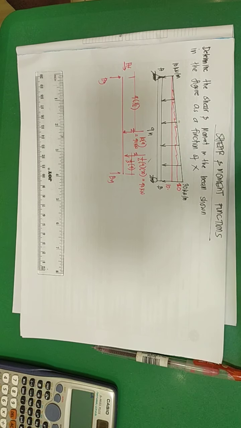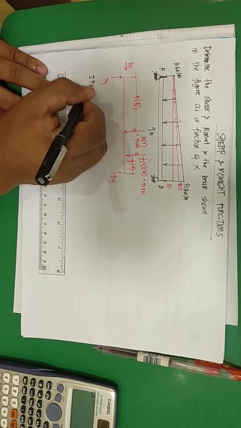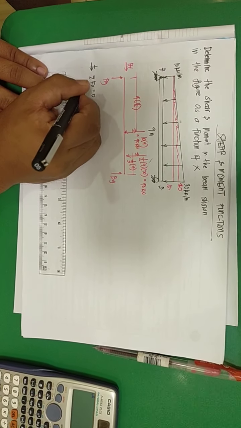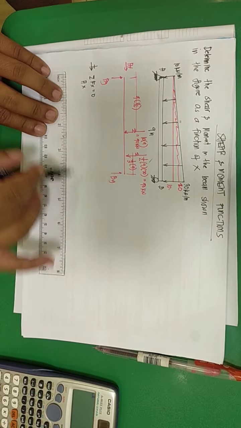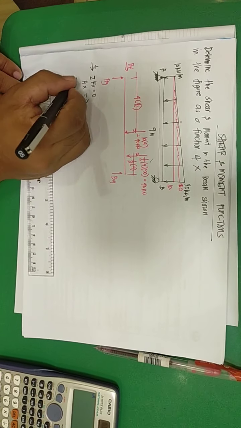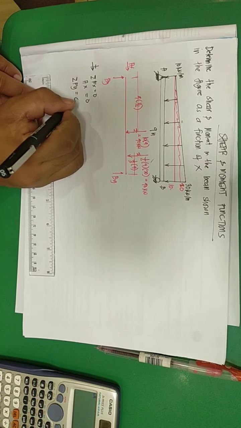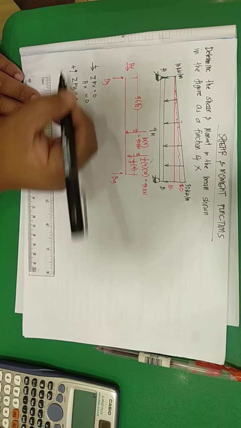We can now determine the values of AX, AY, and BY using the equilibrium equations. Summation of forces along X equals 0, plus AX. Are there any horizontal reactions here? None, so this is 0. Summation of forces along Y equals 0, upward positive.